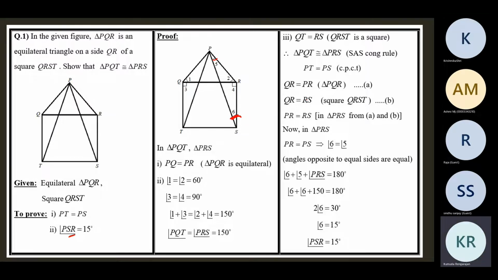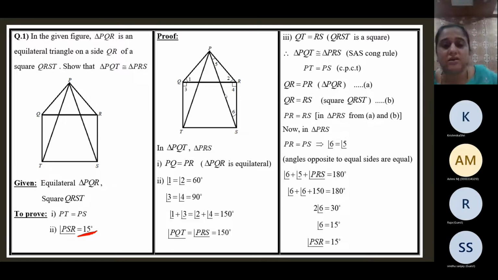Angle 6, because you'll have to show that PSR is 15 degrees. Where is PSR? Angle PSR.